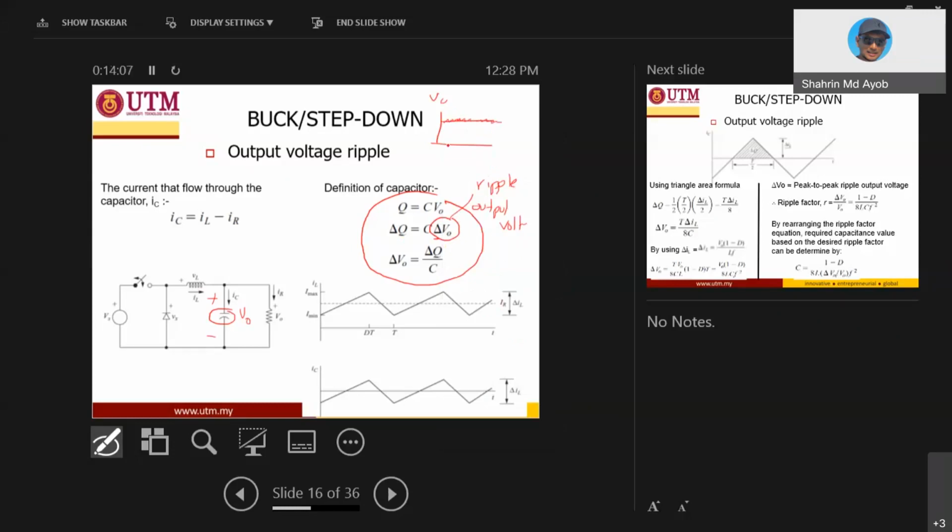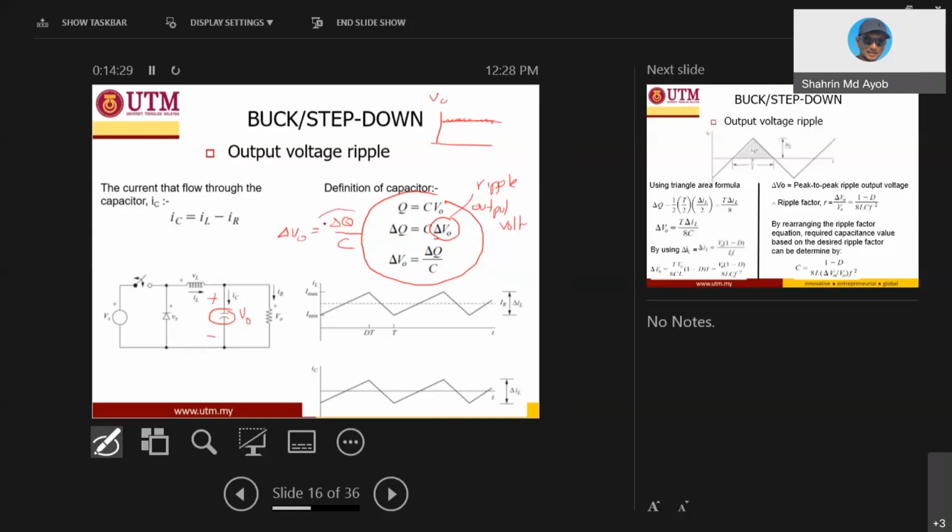That is your delta V out. So delta V out, from this equation, is equal to Q over C. Right now the capacitor value is known.